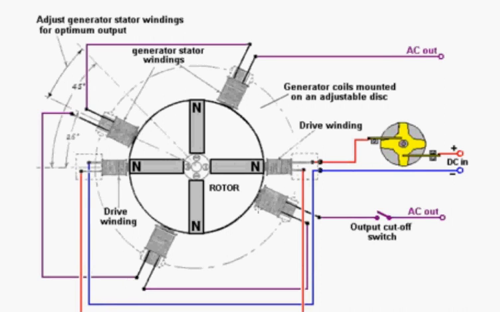Now that's only part of the situation, because Robert has then taken the output of the back EMF and he rectifies that, and he passes that back from the drive windings to the drive battery.